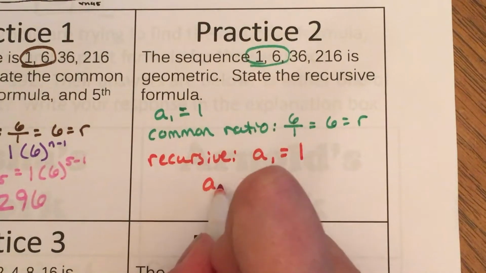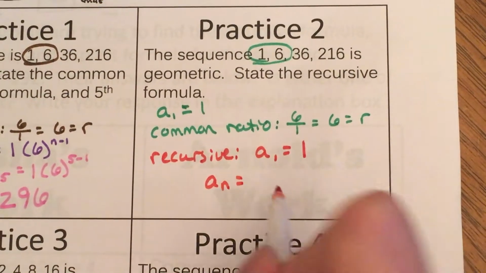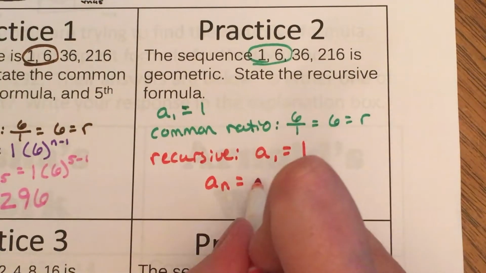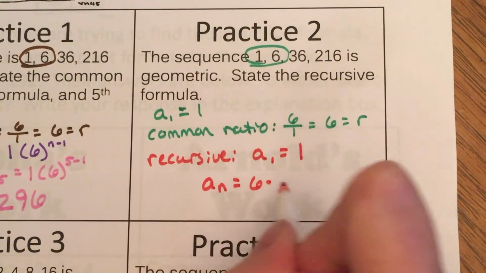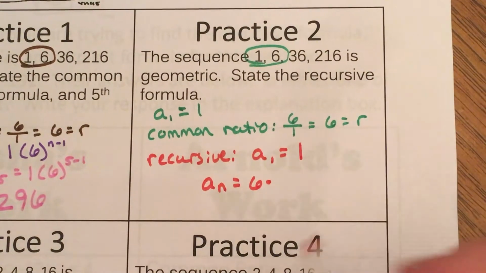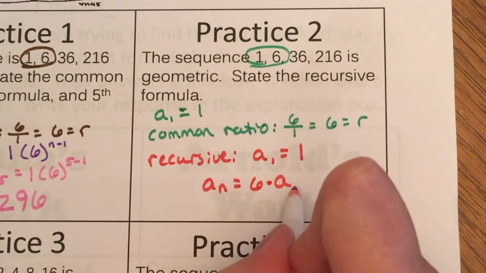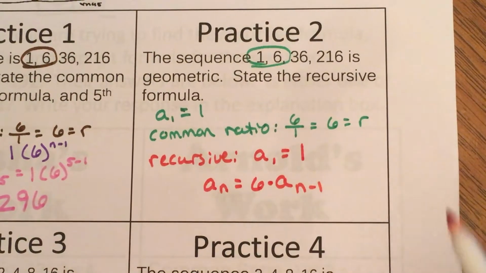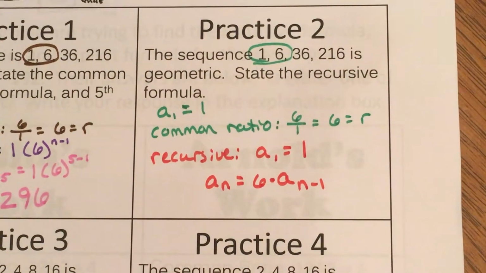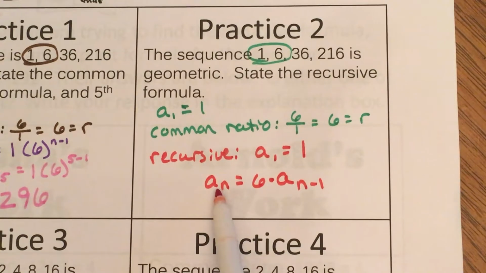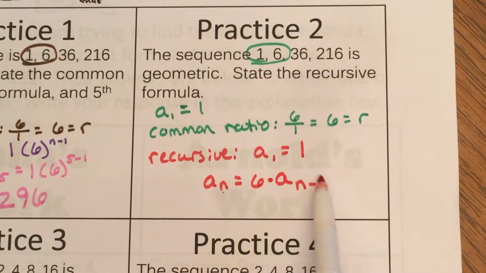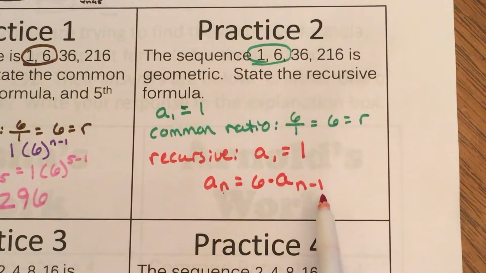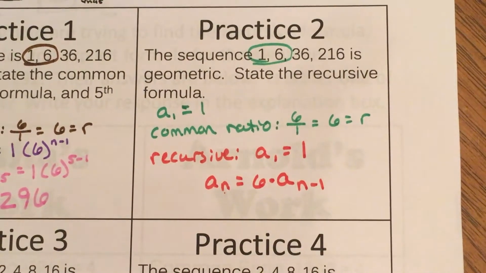And then you say, so A sub n will be your ratio, that was 6, times the previous step, whatever that was, A sub n minus 1. So if we looked for the fifth step here, it would be 6 times whatever it was for the fourth step. That's what it is.